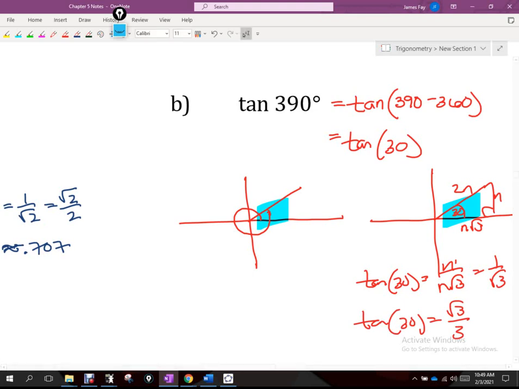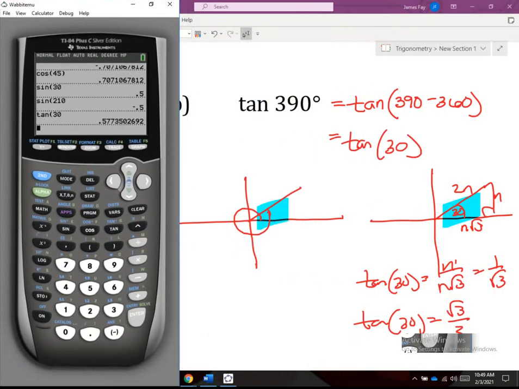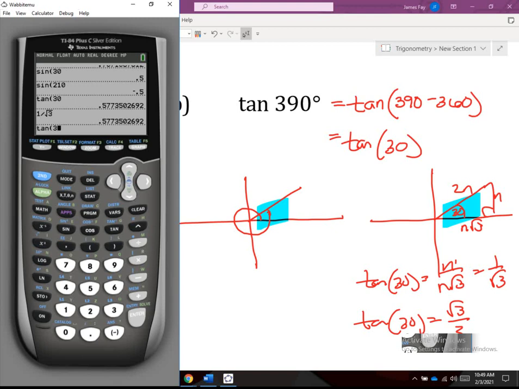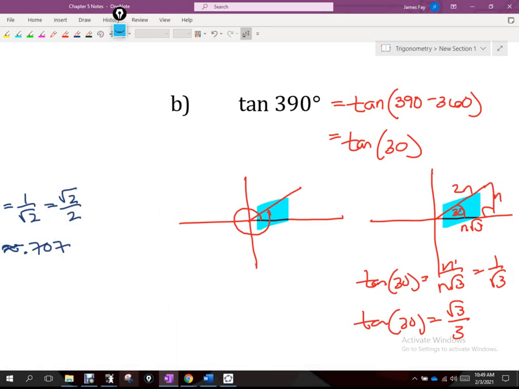So 1.7 divided by 3. So tangent of 30, 0.577. And then you can see 1 divided by the square root of 3. Same number. Tangent of 390. Same number.